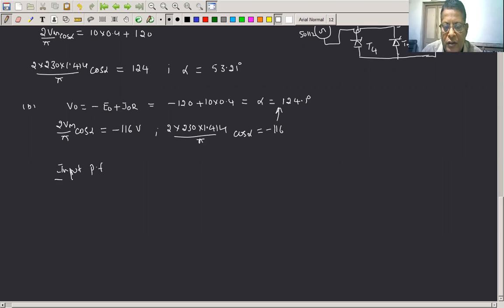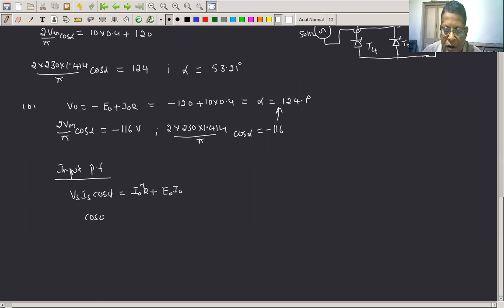So Vs Is cos phi equal to, there is some amount of power wasted in the resistance, that is I naught square R. The power taken by the battery in the load, that is E naught I naught.